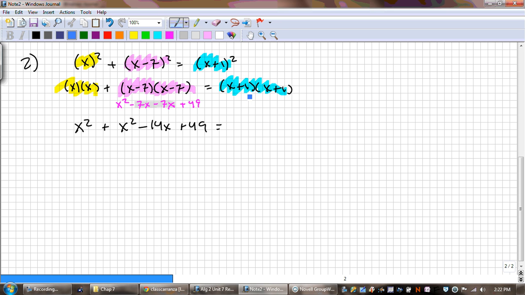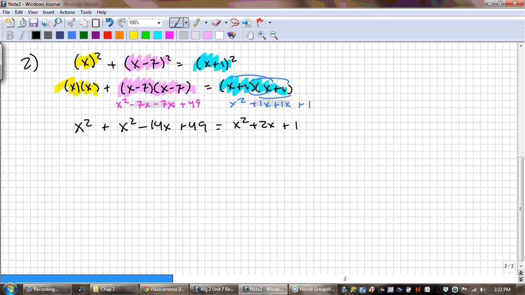All right, and then we're going to distribute here. You guys should know how to distribute. X squared plus 1x plus 1x. 1 times 1 is 1. Combine our like terms. And then we get x squared plus 2x plus 1.